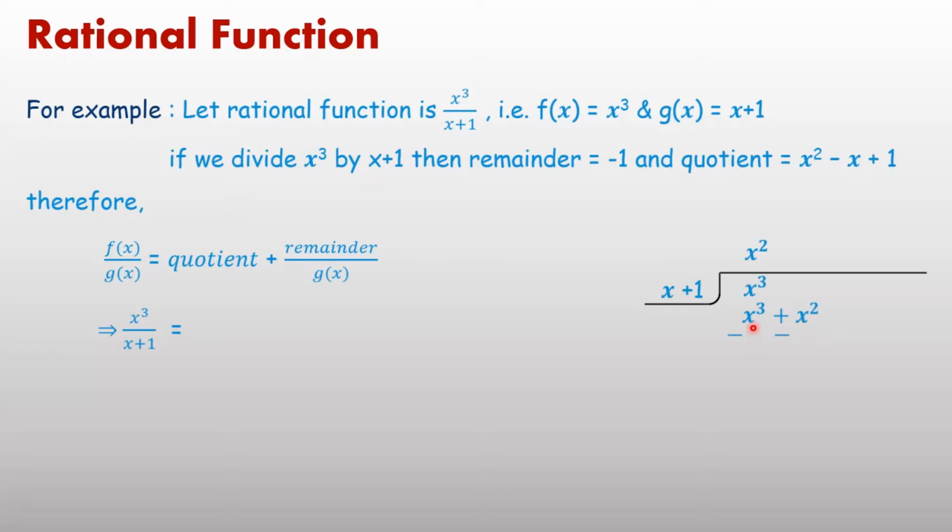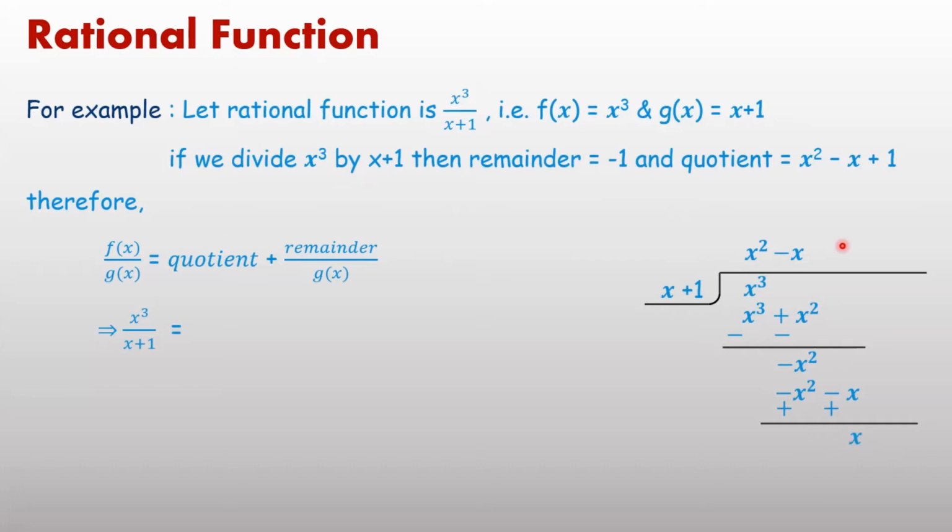Now subtract: x³ cancels out, and here is -x². Now how many times? Here -x² is required, therefore multiply by -x, and you will get -x² - x. Again subtract: -x² and +x² cancel out, the remainder is x.